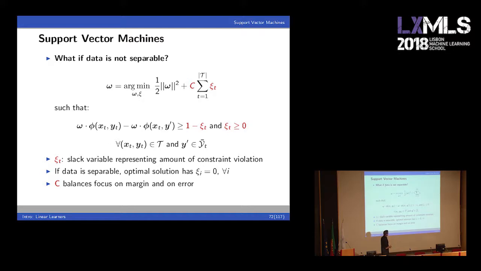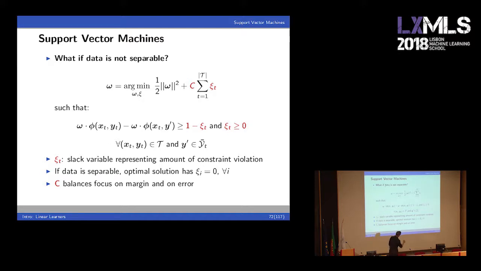So, in addition to margin maximization, we have a term xi, a slack variable. The margin has to be greater than 1 minus xi. So we can make an error in our margin. The larger xi, the more error we allow, so we can overshoot and undershoot in our margin.